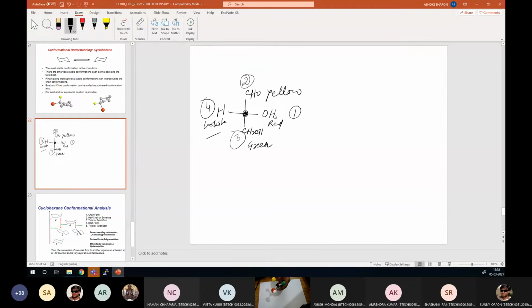This is priority number 1, this red color one, yellow is priority number 2, green is priority number 3. So 1, 2, 3. It's a clock.